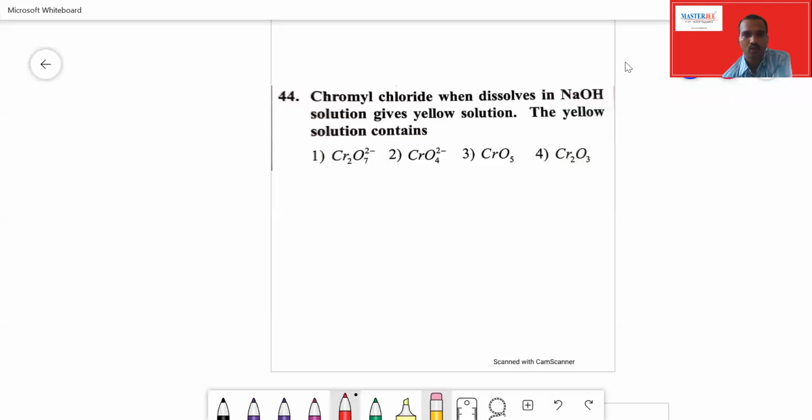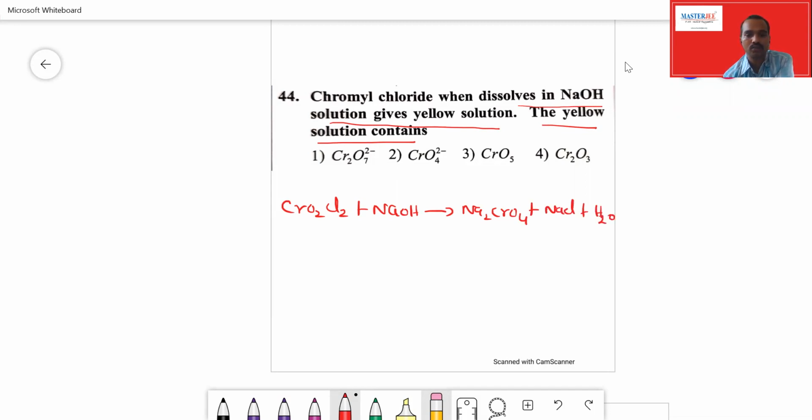Next question, see here: chromyl chloride when dissolved in NaOH solution gives a yellow solution. They're asking what the yellow colored solution contains. See here, chromyl chloride CrO2Cl2 is going to react with NaOH, then it will form Na2CrO4 plus NaCl plus H2O.